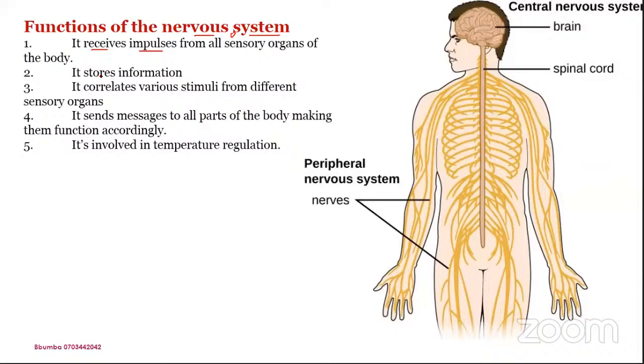Secondly, it stores information. Can you imagine these nerves? Those are the nerves in the brain. They store information. And that's why you were able to remember that the central nervous system is made up of the brain and spinal cord. Imagine cells can store information. I don't know whether you guys know what cells are. If you want to really know what a cell is, some of you have ever slaughtered chicken or hens.